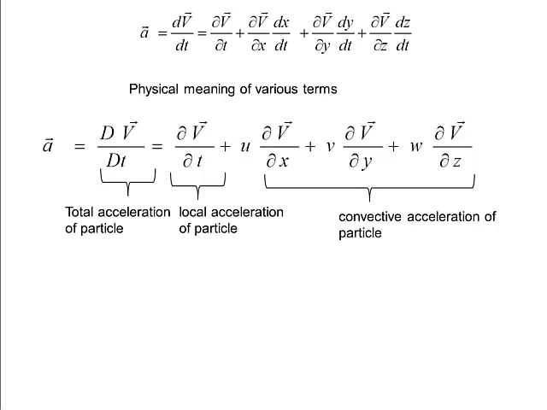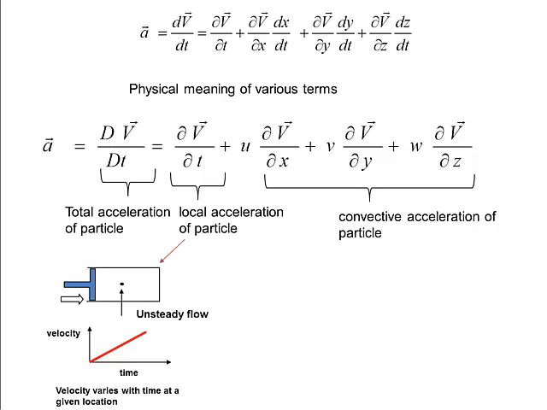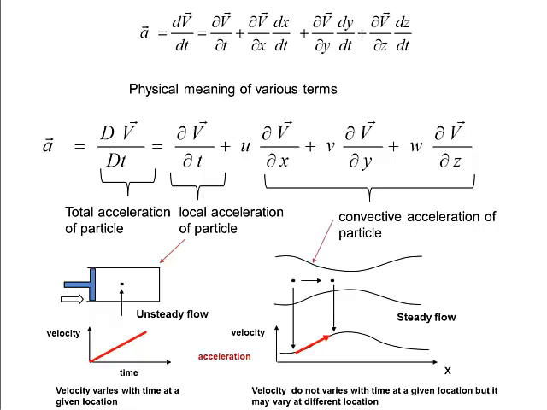The local acceleration results from time dependence of particle velocity at a given location, while the convective acceleration is the result of velocity variation from one point to another in space. This convective term depends only on space variables and is independent of time.